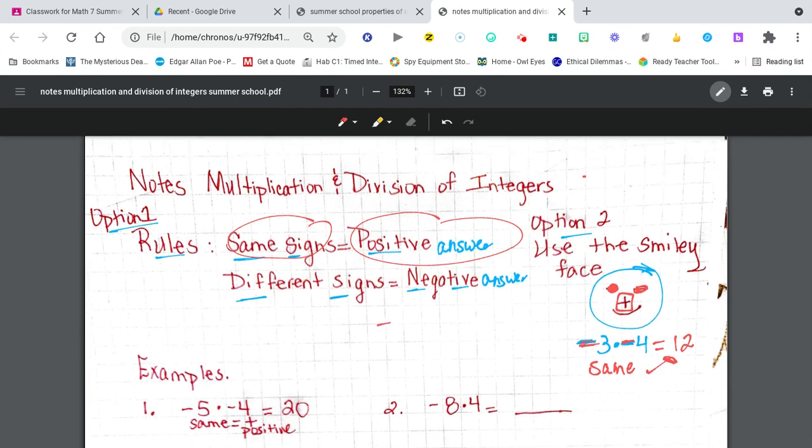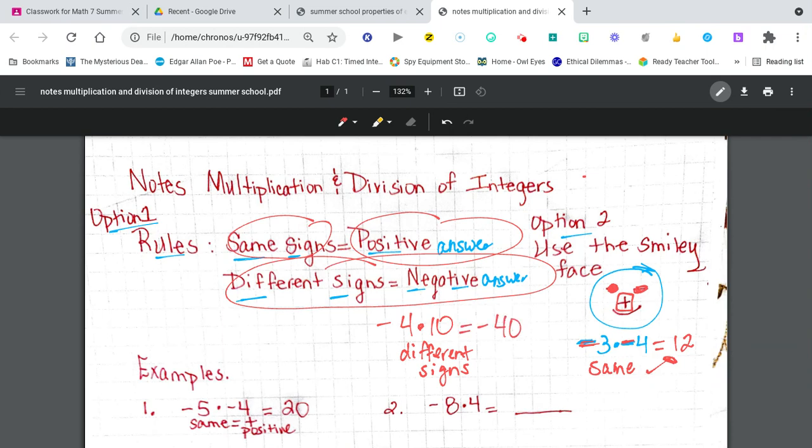If I gave you something like this, these signs are different. So if you have different signs, you know you're going to end up with a negative answer. So I know this is going to be negative, and 4 times 10 is 40.